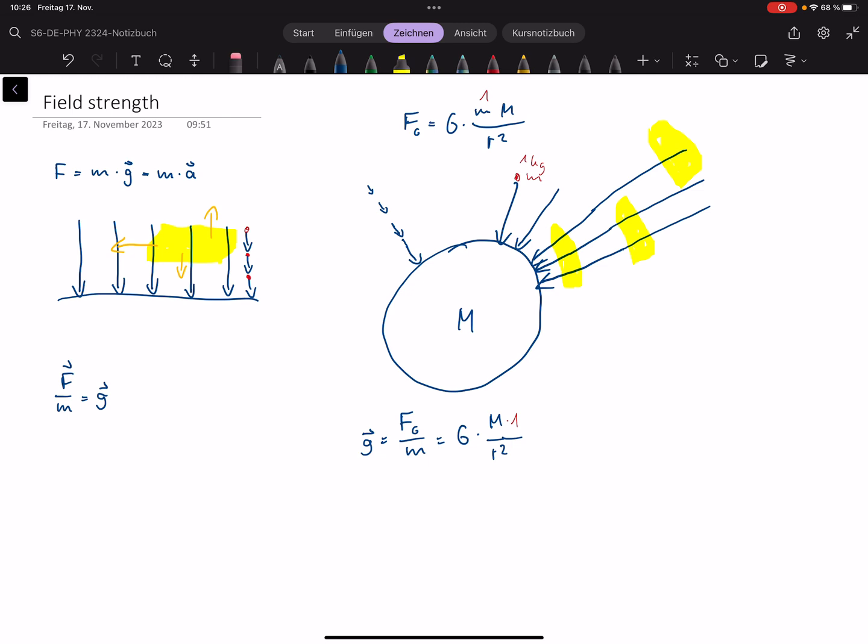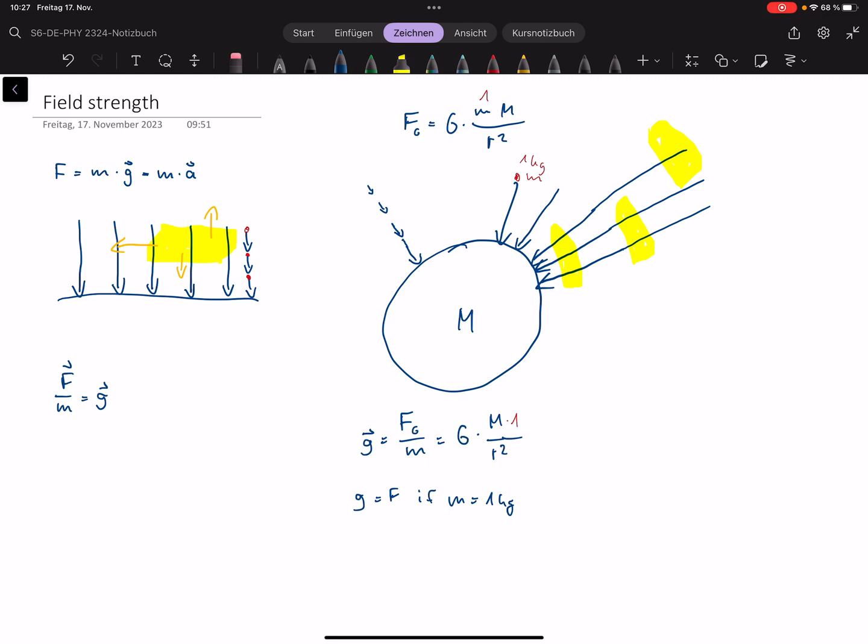So in case that we have a small mass of 1 kilogram, the value for G and for F would be the same, if m equals 1 kilogram.